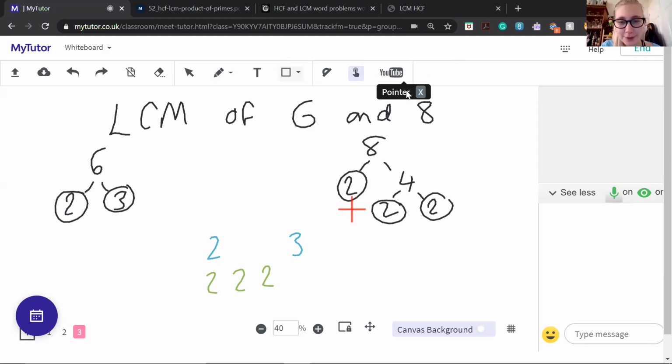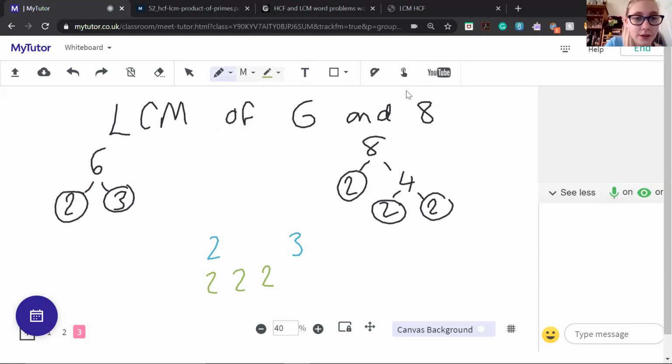A multiple of 8 is going to be 2 times 2 times 2 times something, right? Times anything, times 57, times 4, times 25. That's what it means. And a multiple of 6 is 2 times 3 times something. 2 times 3 times 10, 2 times 3 times 1,000,004, and so on. So a multiple of 6 here is 2 times 3 times something.